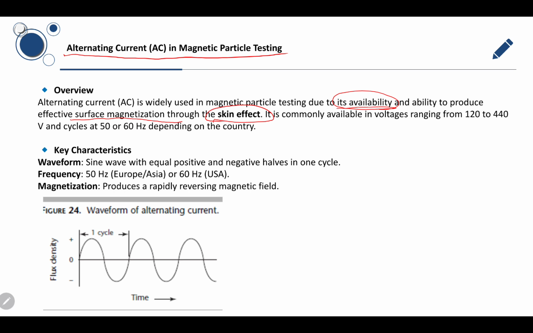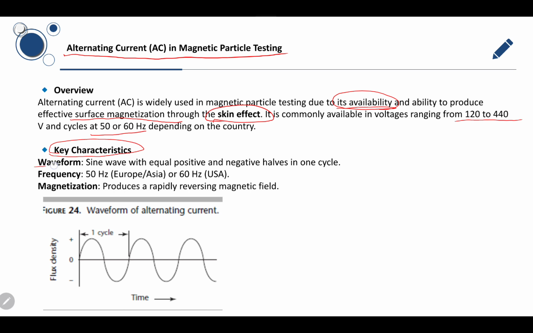It typically operates at voltages from 120 volt to 440 volt and frequencies of 50 to 60 Hz depending on location. Then what are the key characteristics of the alternating current?